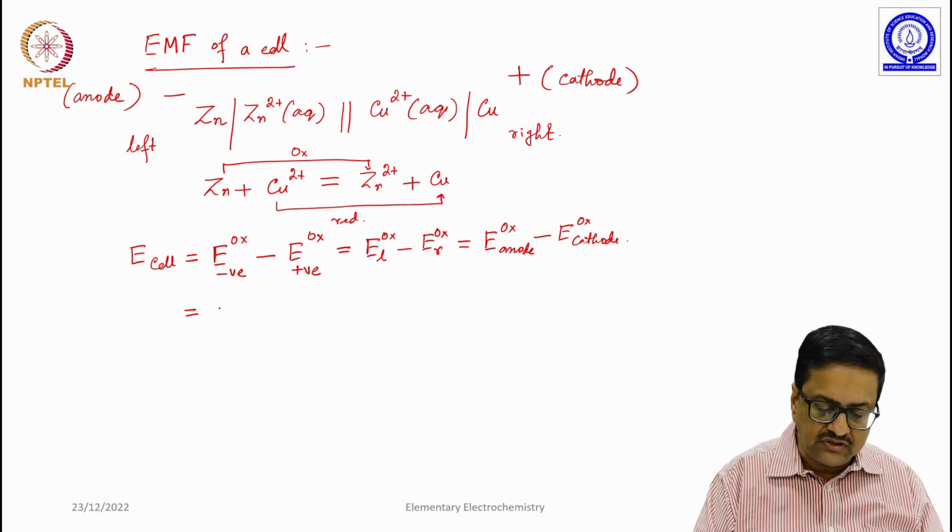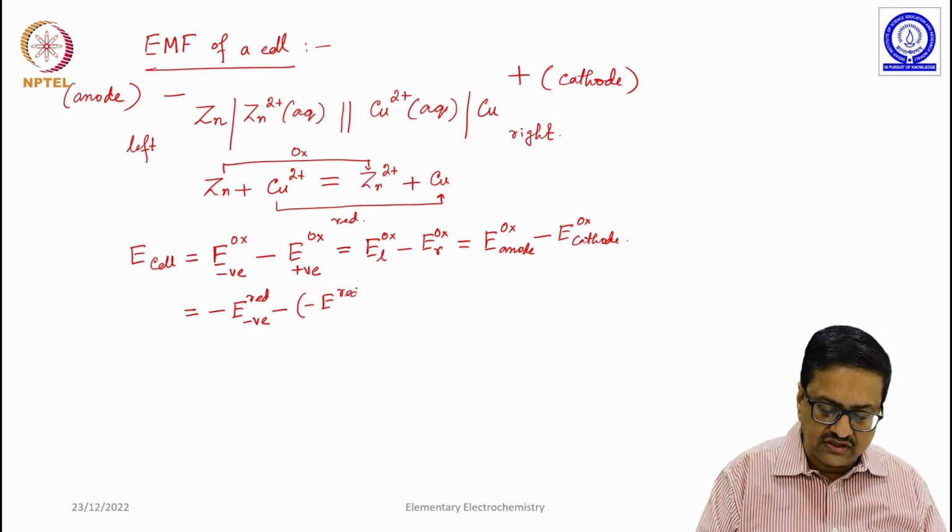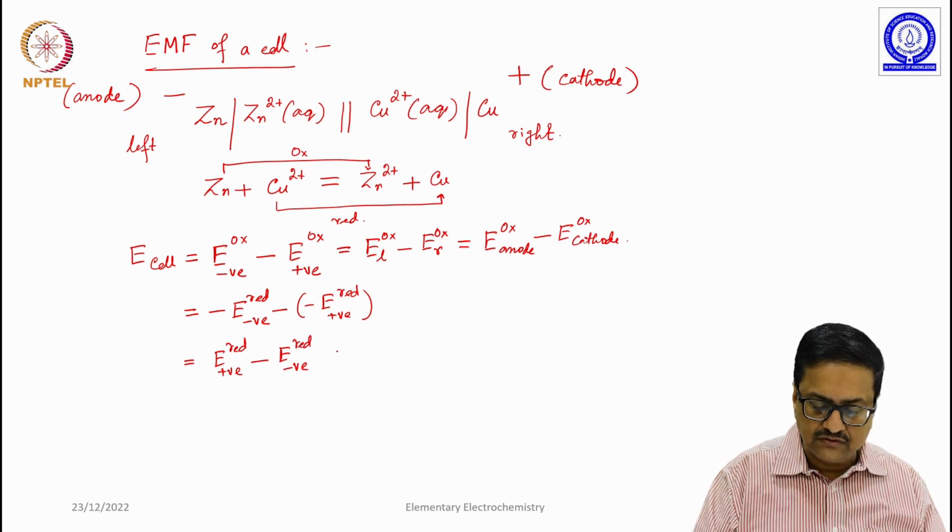Now, if we want to write both potentials in the opposite direction, that is the reduction direction, then you would write minus E reduction of the negative electrode minus the reduction potential of the positive electrode. Rearranging, it is E reduction of the positive minus E reduction of the negative electrode.